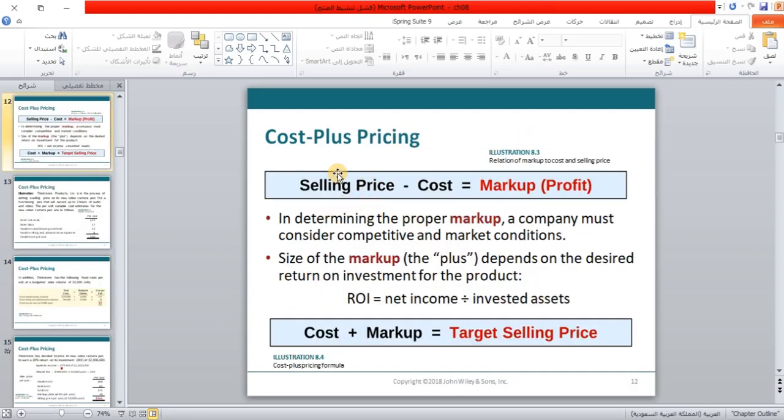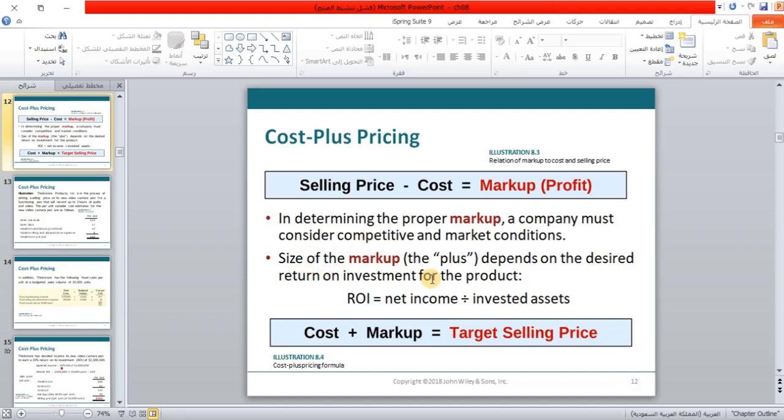Here, selling price less cost equals markup or profit. In determining the proper markup, a company must consider competitive and market conditions, such as supply and demand and competition in the market.